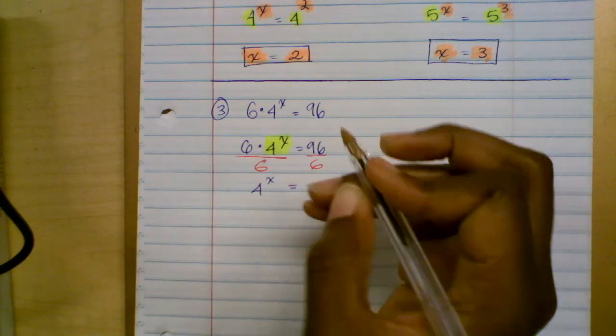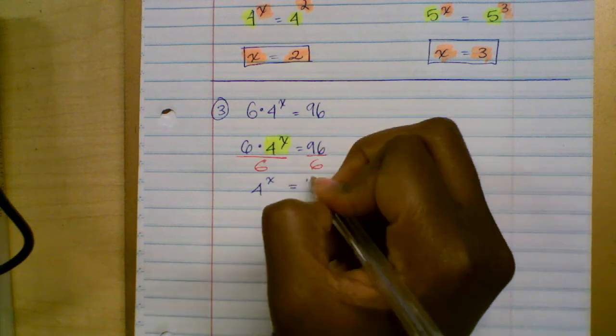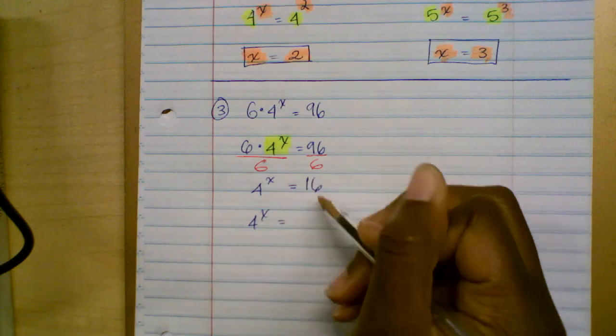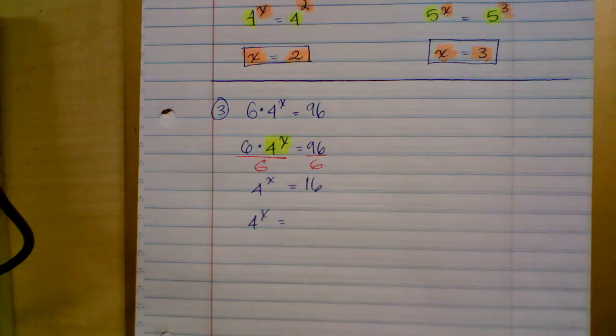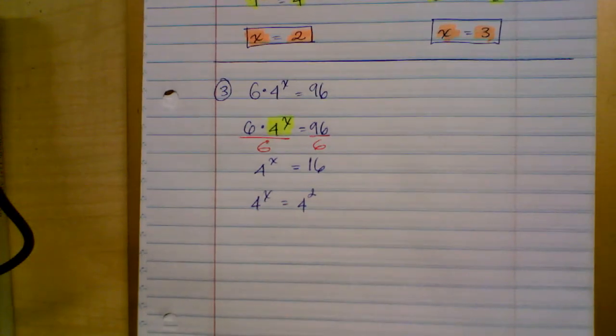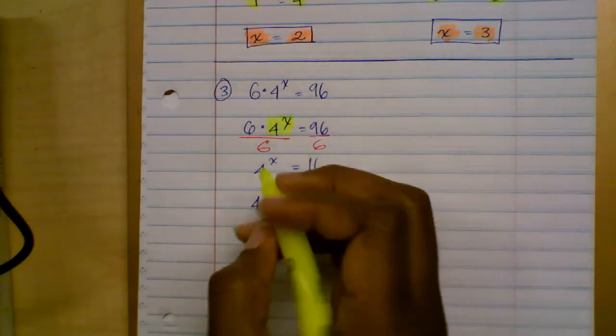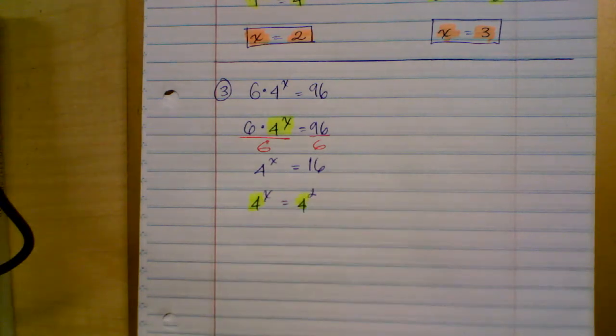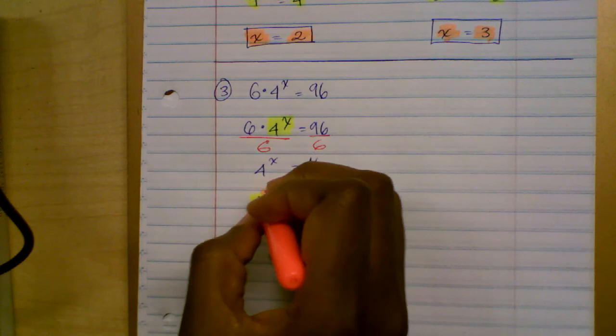Simplifying, 96 divided by 6 is 16. We can rewrite 16 with a base of 4, which is 4 squared. Since they share the same base, which is 4, the exponents need to be equal to each other.